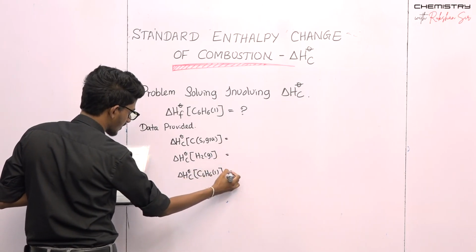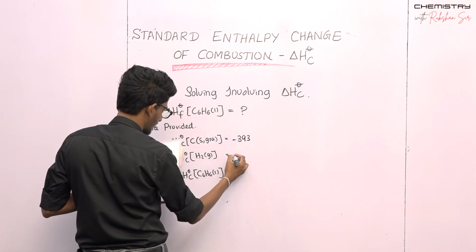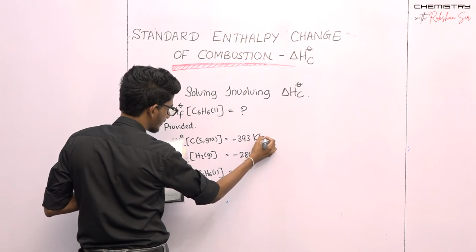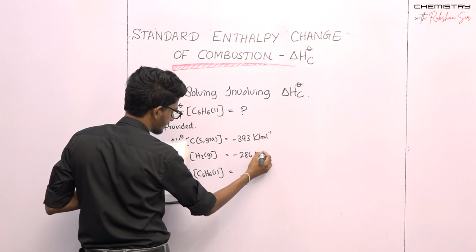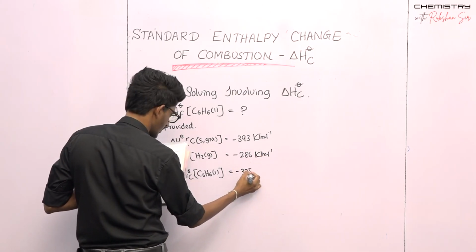The combustion values are given. What are those values? Minus 393, minus 286. These are kilojoules per mole, right? And minus 3284.